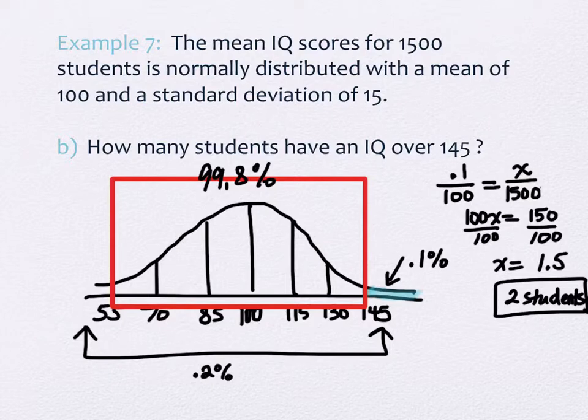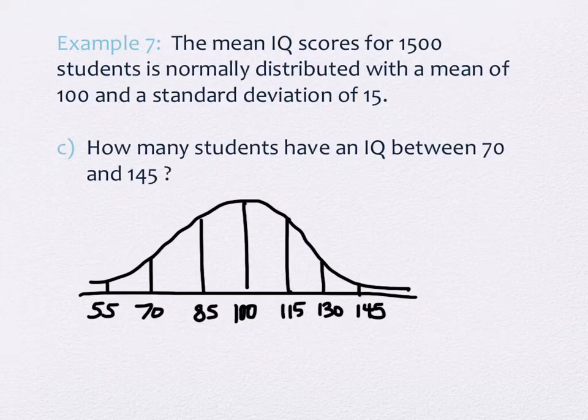All right. One more of this variety. We've got to go between 70 and 145. So here's 70 and here's 145, and we'll shade in between them.